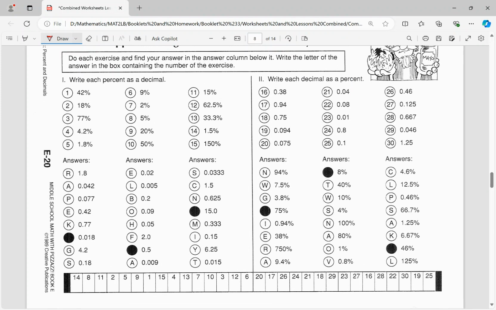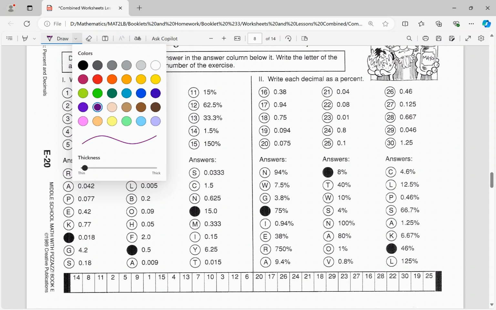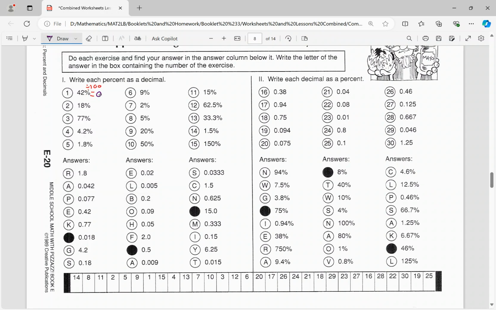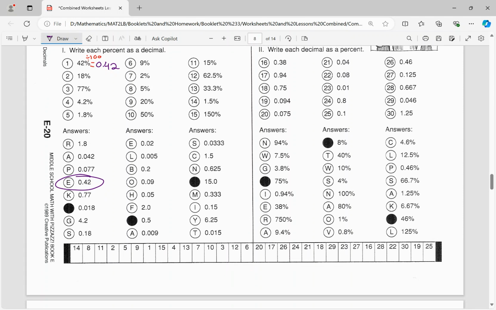Number 1, write each percent as a decimal, 42% as a decimal, divide by 100. 42% as a decimal is equal to 0.42. So what you do is you look at the answer sheet for 0.42. Here it is on E. So we're going to go to the bottom, and anywhere that you see a 1, you're going to write E.